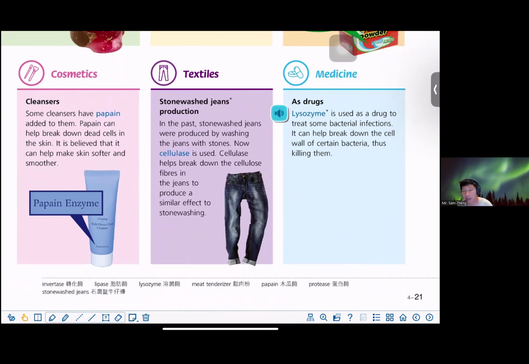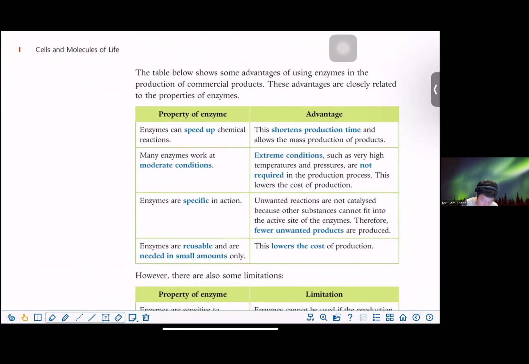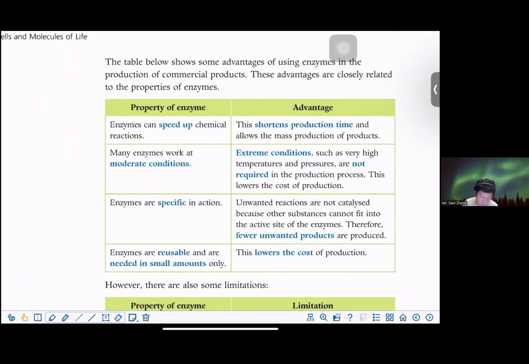These are some examples of enzymes that you may see for us to use in daily life.